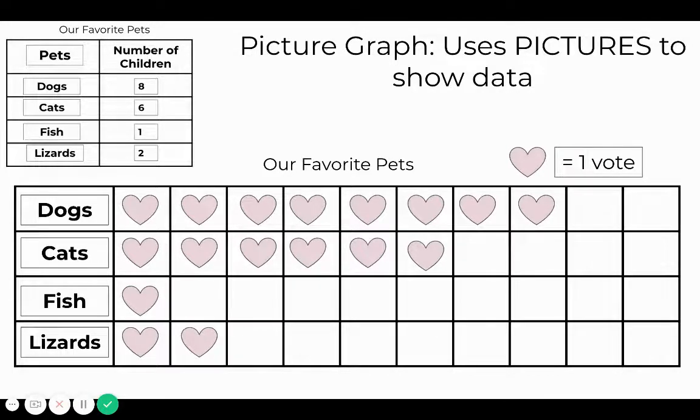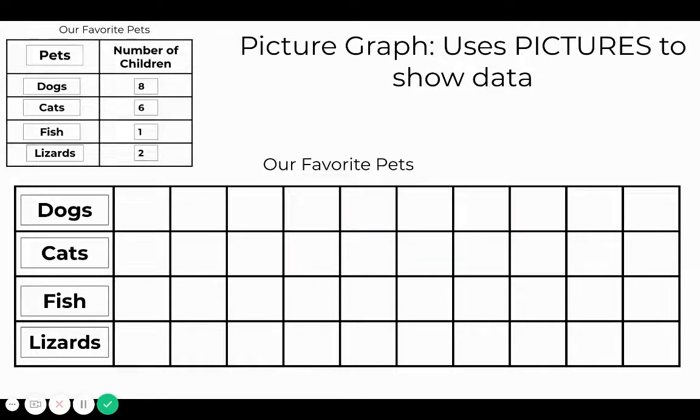I used words to show the categories, but I used a simple picture or symbol to show each vote. I want to show you why creating a key is so important. As you get older, you will start to see picture graphs that are a little bit trickier. They might look something like this.